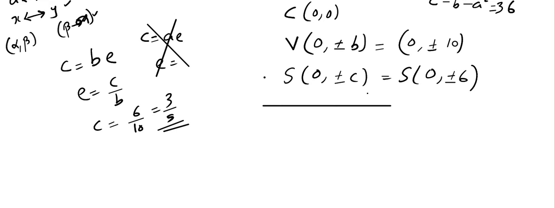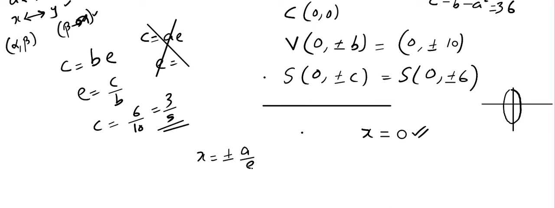Okay, now comes the equations. So what all equations did we learn? The first one, axis. Here in type 2 you can see that the axis is the y axis. So the equation will be x is equal to 0. Another thing, the directrix, earlier it was given by x is equal to plus or minus a by e.